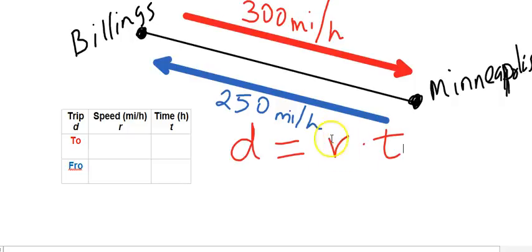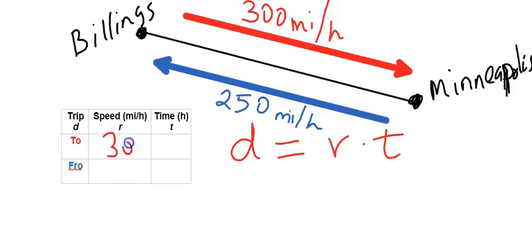And rate is always miles per hour, and the time has to be in hours. So when it's going to Minneapolis, what's the speed? They gave it to us. What is it? The speed is in miles per hour, which is here. It's 300. So write that. It's 300.